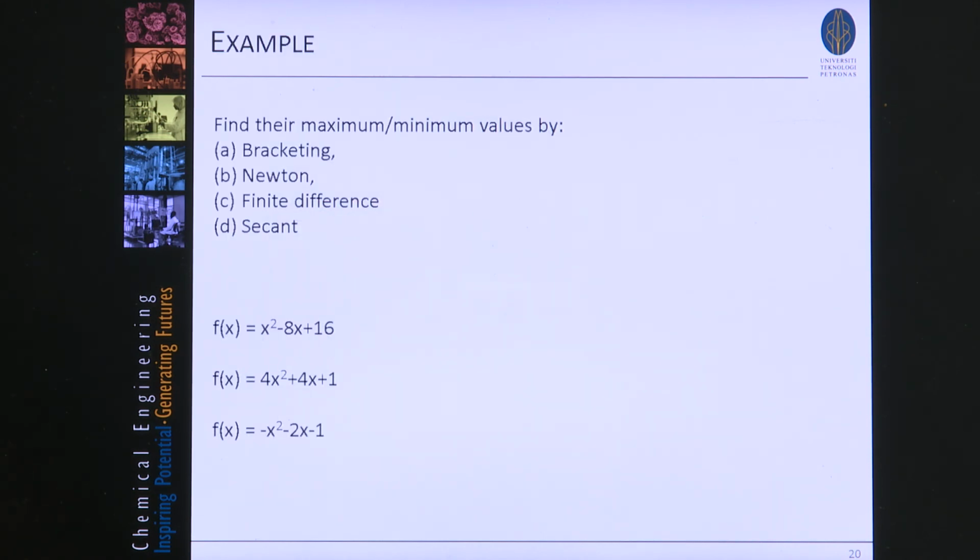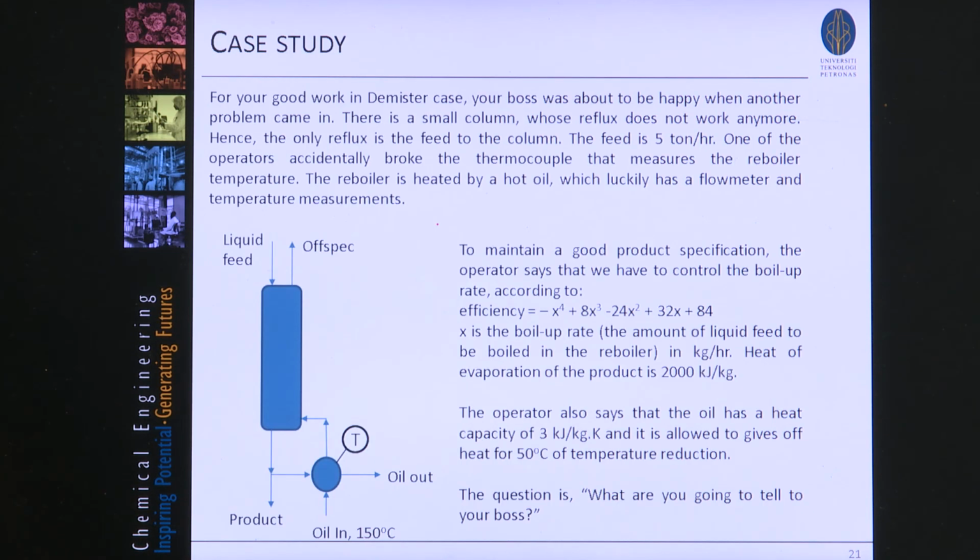So these examples you can do on your own with these three methods. This is another case study that you can do on your own. We have a simple distillation column, with liquid feed and the product, and a reboiler with oil in and out at a temperature of 150 degrees C, and it has a broken thermocouple, which happens in practice.